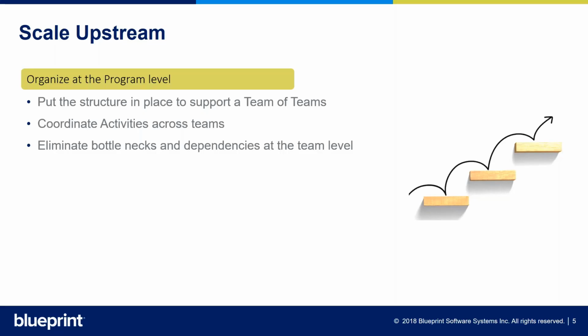You're not creating extra overhead or onerous processes. And then most importantly, everyone is working on the same cadence. So that means the same release cycle, the same iteration cycle, the same deployment schedules, and everybody's working to a common set of goals and making sure, again, everything is aligned.